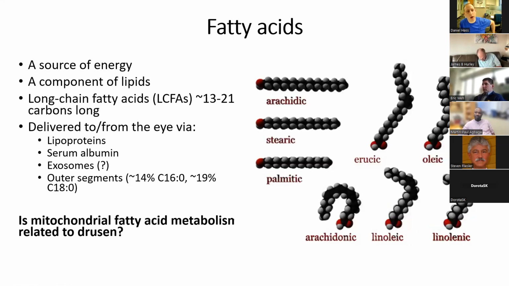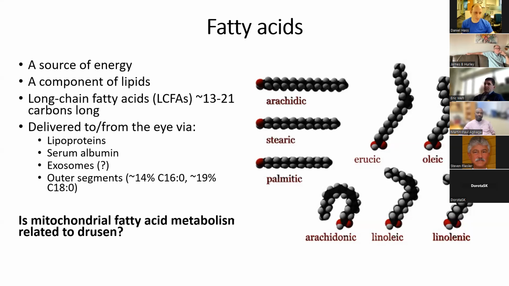There we go. So you can tell from the title, obviously, it's about fatty acids. They're considered a source of energy, a component of lipids, and I'm specifically interested in long chain fatty acids for this talk, which I'm saying is 13 to 21 carbons long, although I don't know the exact cutoff. And they're delivered to the eye in a couple different ways via circulation.